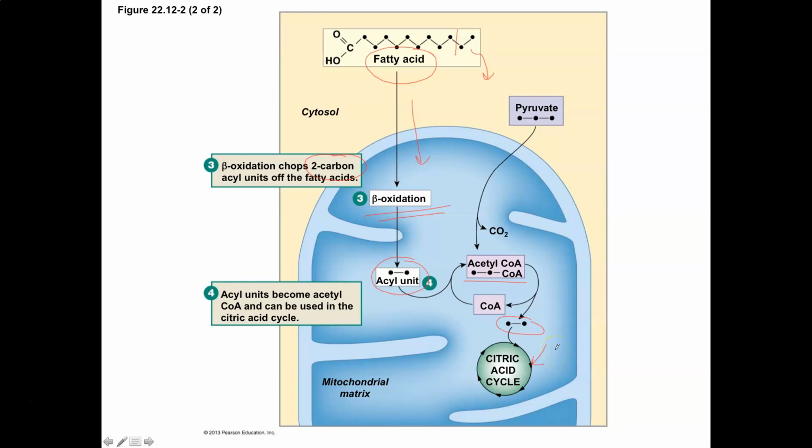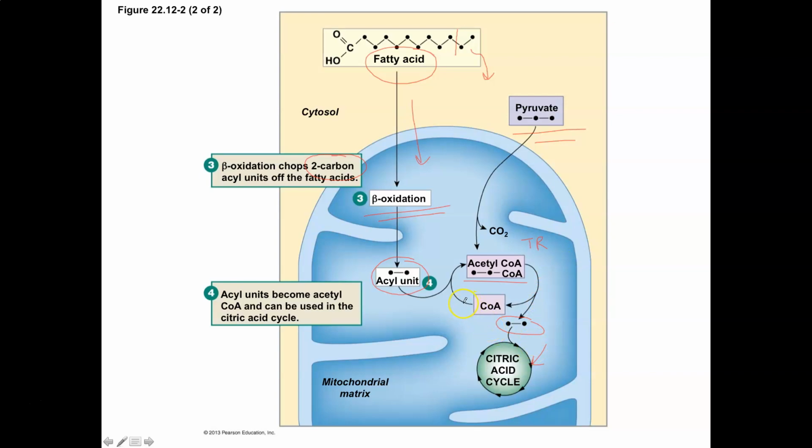And if we can insert these 2 carbon subunits into the citric acid cycle, this is similar to what we do with pyruvate. Pyruvate comes from glycolysis. We can use the transition reaction to generate acetyl-CoA, and it's the acetate units that enter into the citric acid cycle.